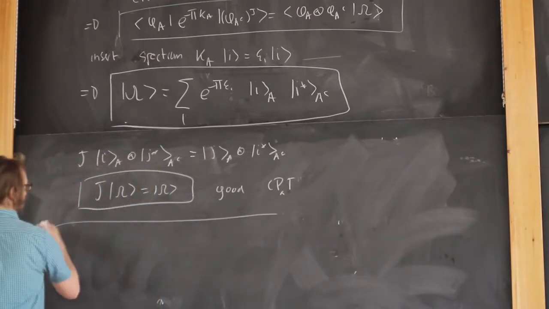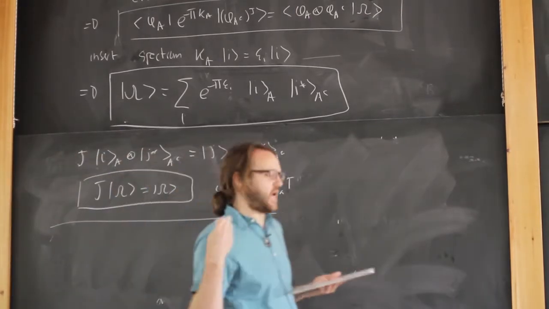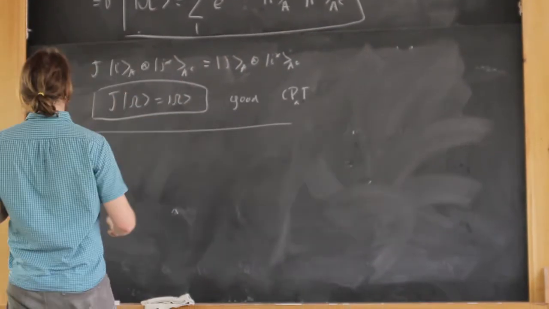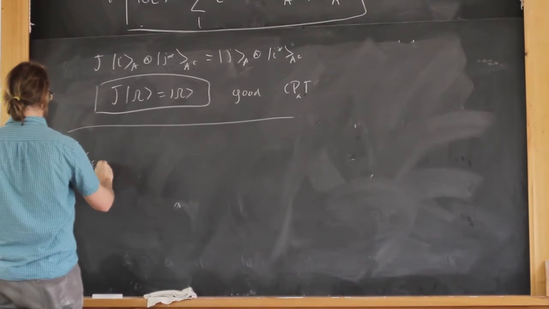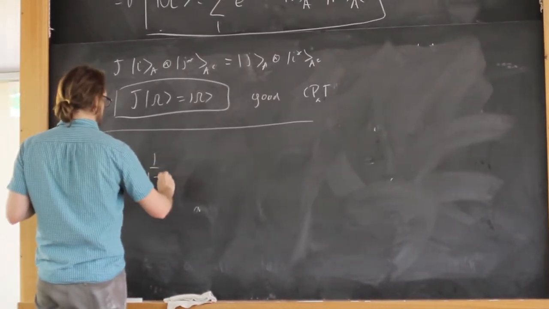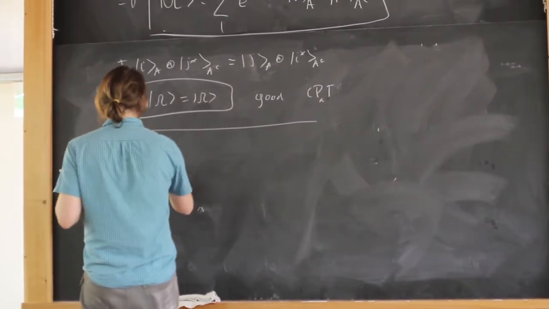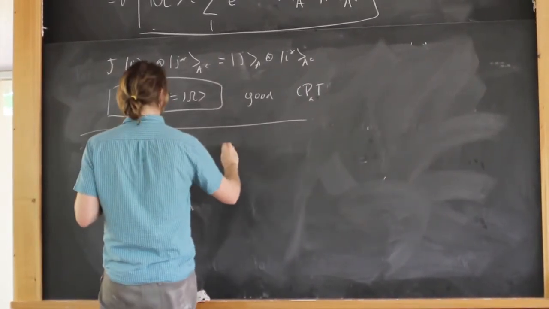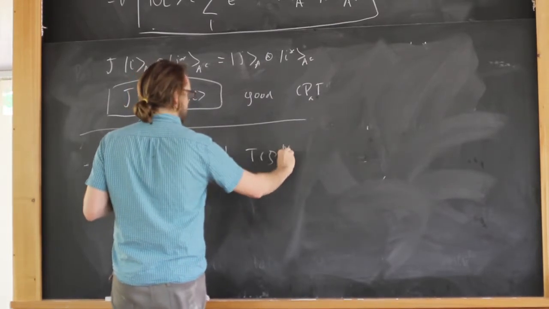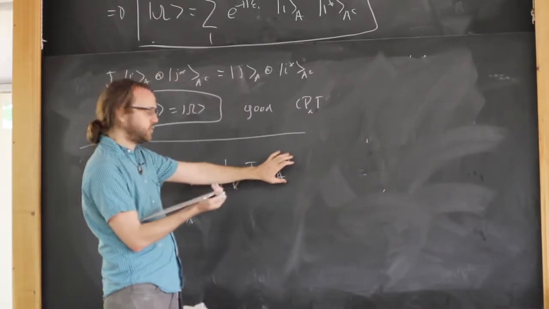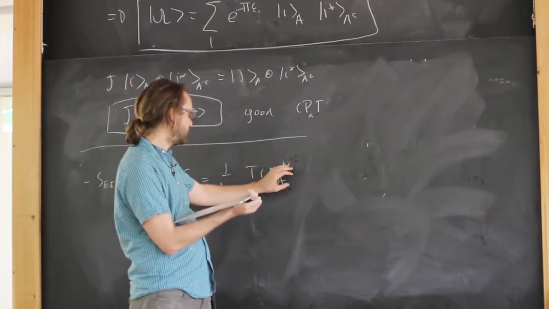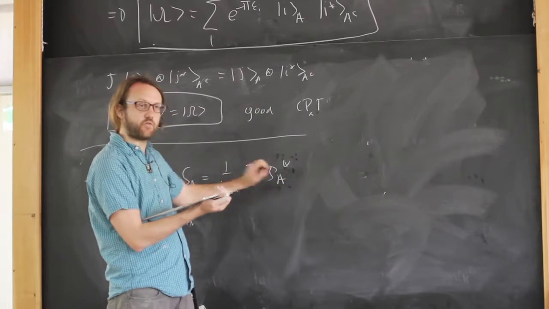Now, given this structure, we can go ahead and compute things like entanglement entropy. Typically, when you compute entanglement entropy, one way to do it is to compute some Renyi version. So I take rho A to the power alpha. Now, in general, we'll see later, in the non-local case, we can't do this unless alpha is an integer.